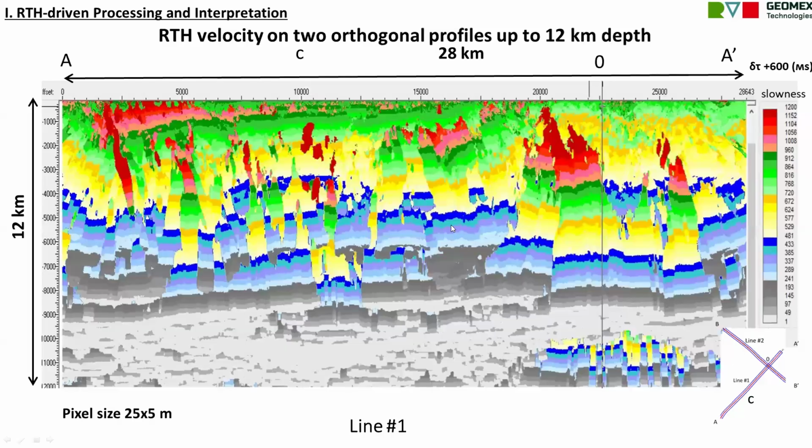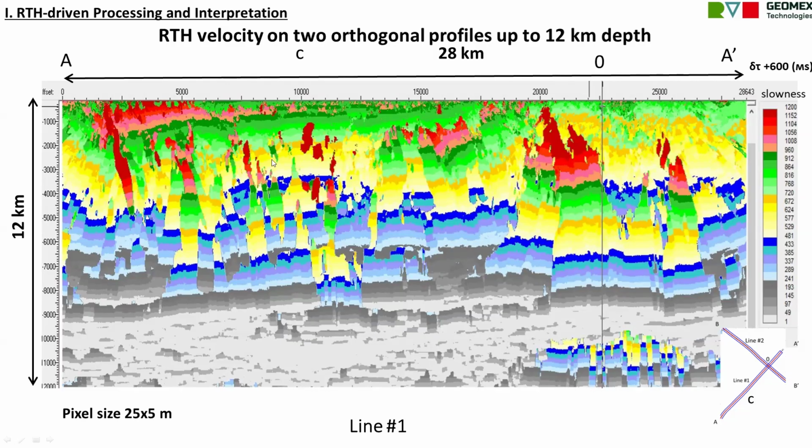The next 4 slides concern the possibility of depth of our velocity prediction. We have the two orthogonal profiles AA and BB.